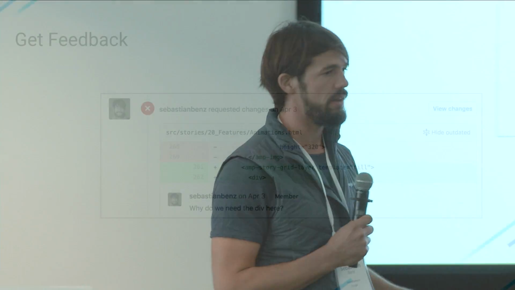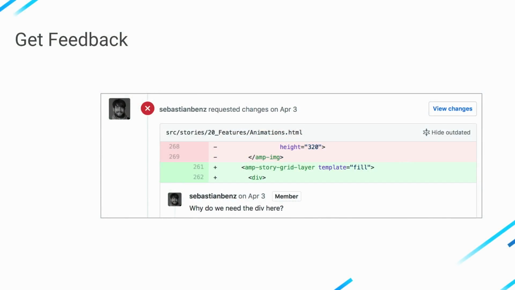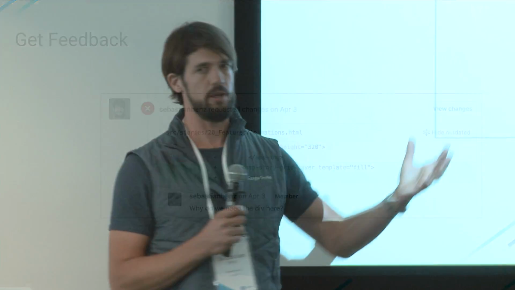The other kind of feedback is the one you receive when someone takes a look at your sample, like when you create a pull request, for example, to AMP by Example. Here I'm showing a screenshot of a contribution that demonstrated how you can implement the Ken Burns effect for AMP stories. There was a weird thing inside some of the templates that were supposed to be animated: a div which had no obvious functionality, but contained the image.